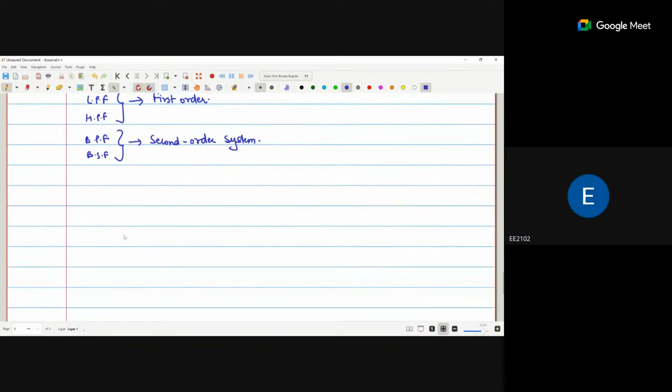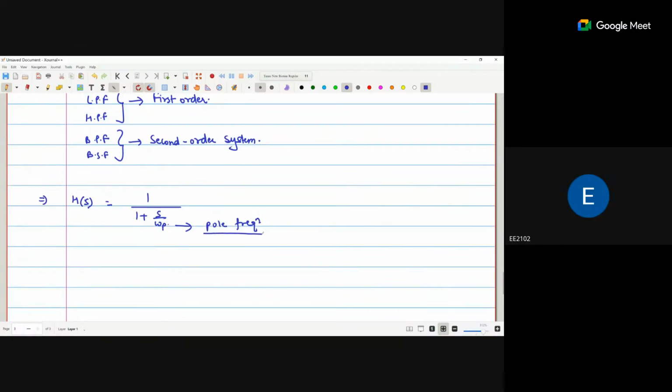Now the first order response is defined as H of j omega equal to 1 upon 1 plus s upon omega p, H of s, where omega p is the pole frequency.